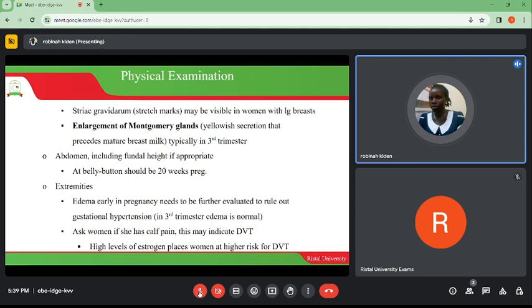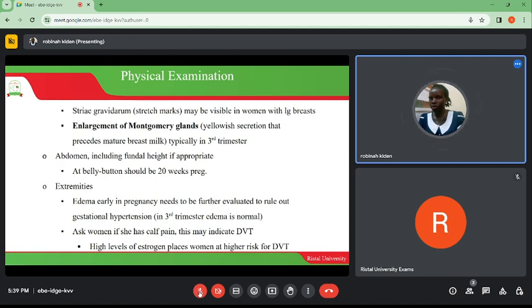As they prepare to do that function, they enlarge to make sure that they fulfill that function. The abdomen, including fundal height, if appropriate, is also checked. At the belly button, we estimate that the pregnancy should be at around 20 weeks.